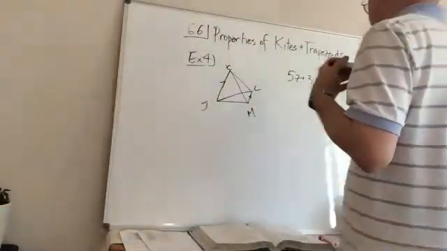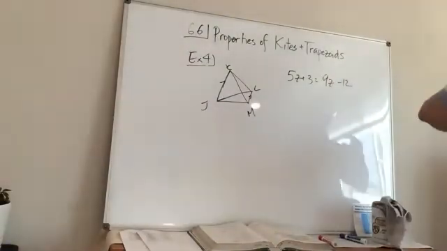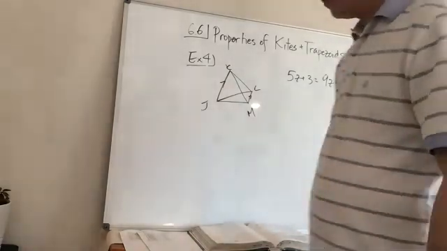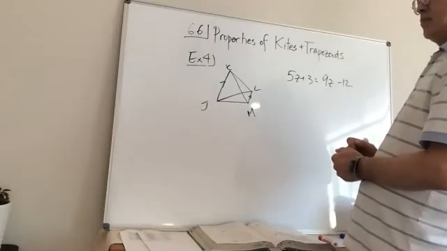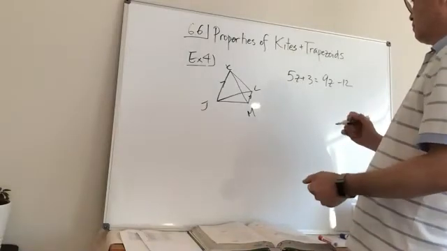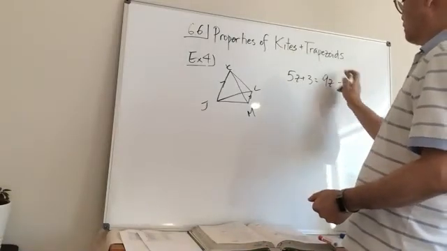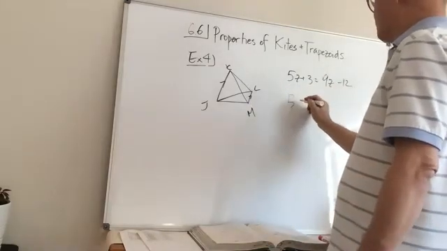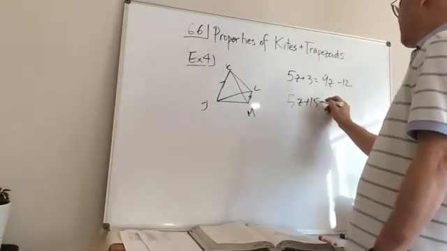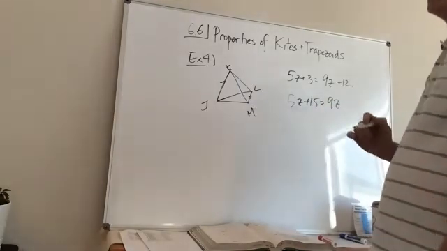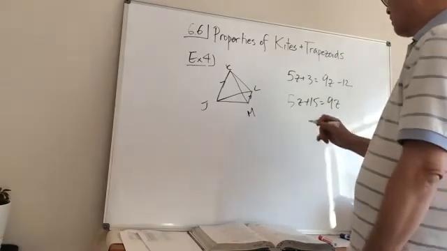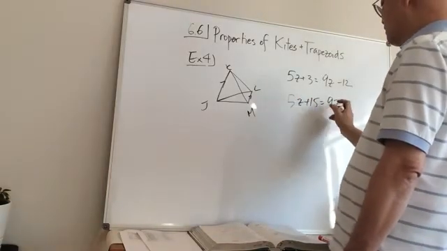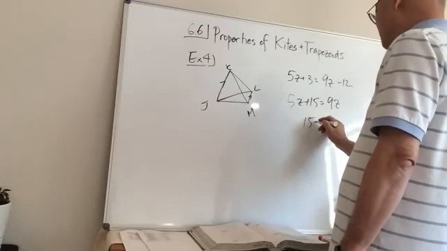McKenna, how would I do that? You would add 12 to the 3 on the other side of the equal sign, and you get 15. 5z plus 15 is equal to 9z. And then you would subtract the 5 from the 9, and you get 15 equals 4z.